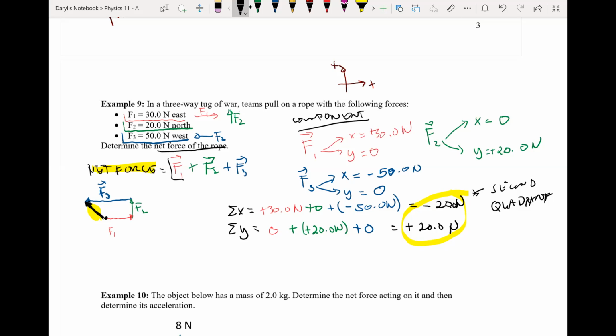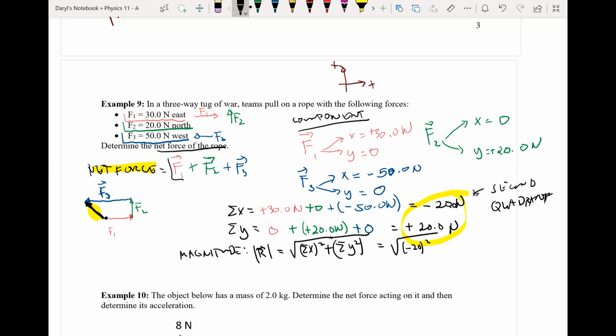Well, after taking the sum, we need to get the magnitude. So the magnitude of your R, or the resultant force, is just the square root of summation of x squared plus summation of y squared. So that is just the square root of x is negative 20.